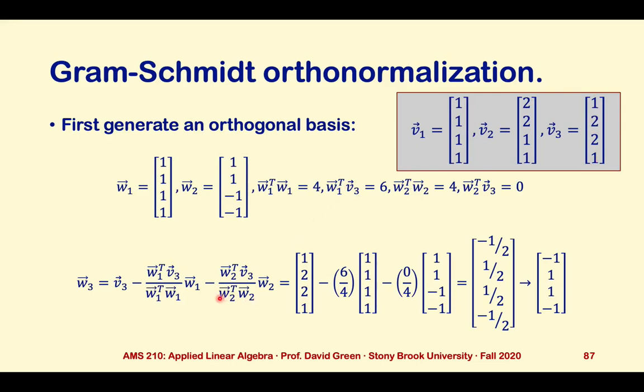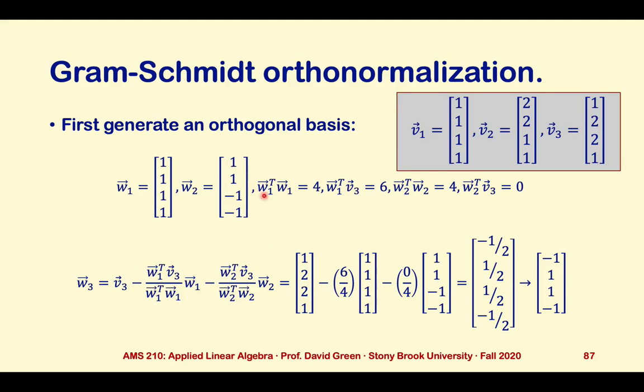We compute the dot product of w2 with itself, which is the sum of the squares of the terms, 1 plus 1 plus 1 plus 1 is 4. And the dot product of w2 with v3 is 1 plus 2 minus 2 minus 1, which is in fact 0. It seems that v3 and w2 are in fact orthogonal.